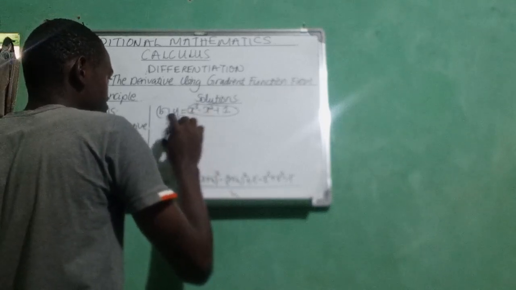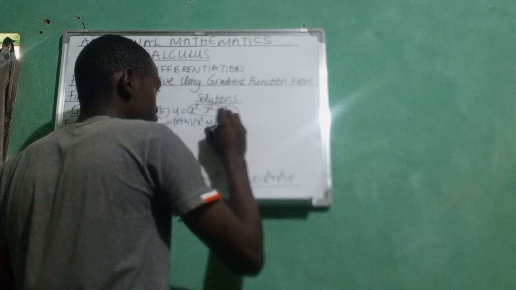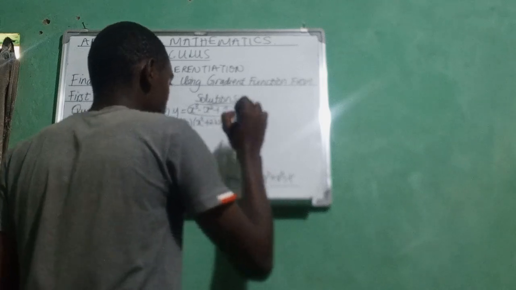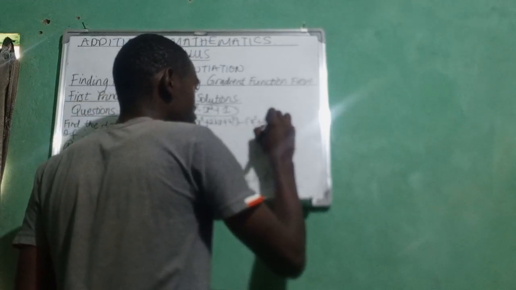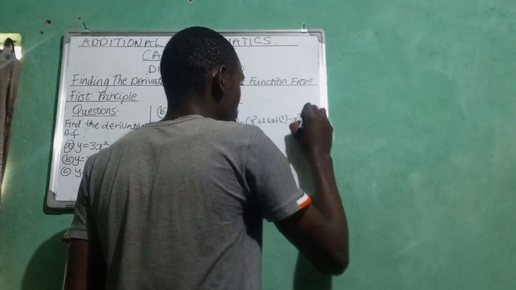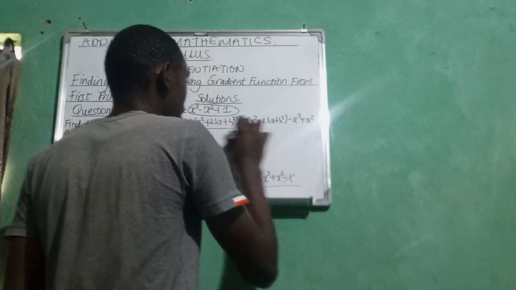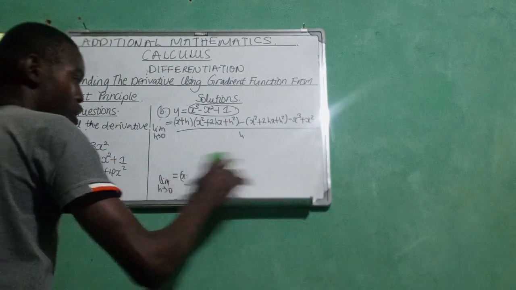The limit as h approaches 0 of x plus h multiplied by x squared plus 2hx plus h squared, then the same once again, x squared plus 2hx plus h squared, minus x cubed plus x squared. You divide everything by h.